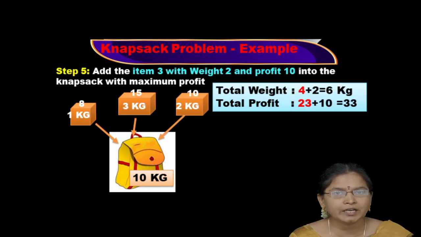Next, add item 3 with the weight of 2 and profit of 10 into the knapsack. Already we have the weight of 4, so adding this will result in 6 kg. Already we have the profit of 23, so adding 10 will result in 33. So the total profit is 33.